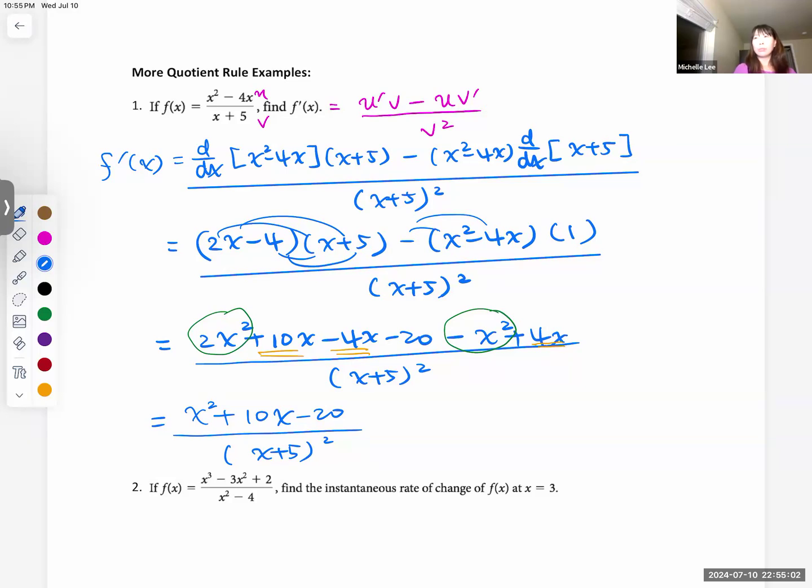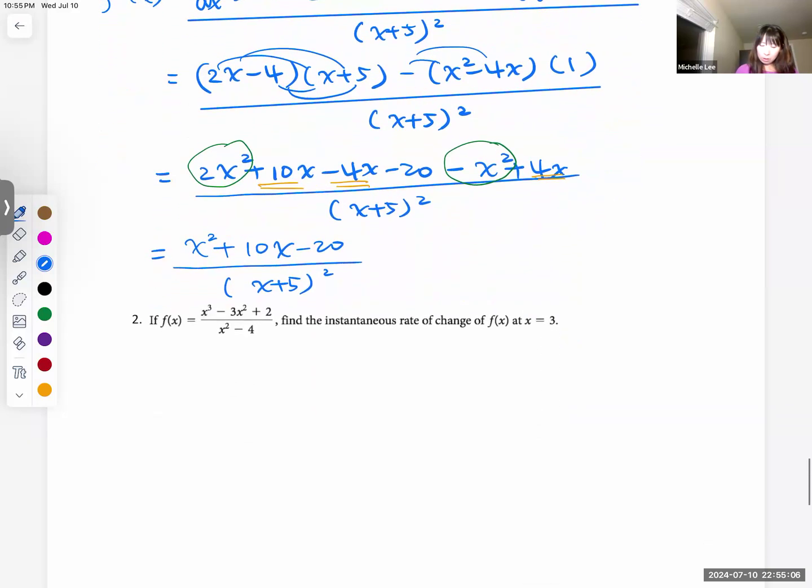I don't think we can factor this number, right? If we cannot simplify, we just leave it like that.